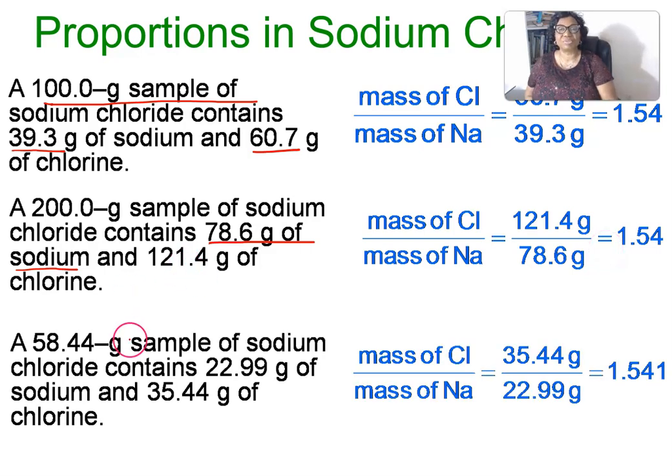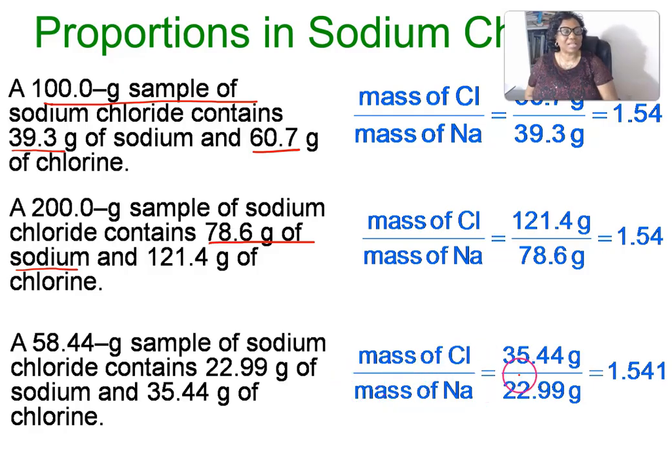Now we want to reduce the mass. Now we want 58.44 grams of sodium chloride. In 58.44 grams of sodium chloride, we have 22.99 grams of sodium and 35.44 grams of chlorine. Let's find the ratio of chlorine to that of sodium in this sample also.